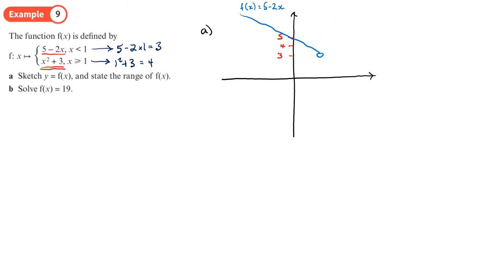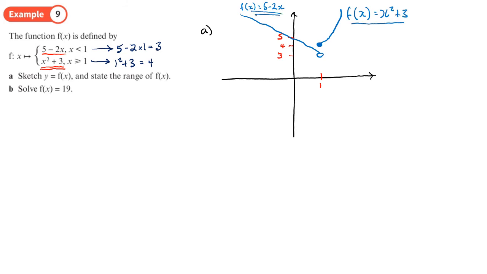It needs to carry on from 1, so I'm going to have a closed circle there. I'll just trace out my quadratic again, like that. And that is f of x equals x squared plus 3.